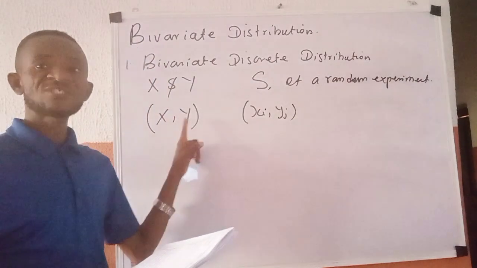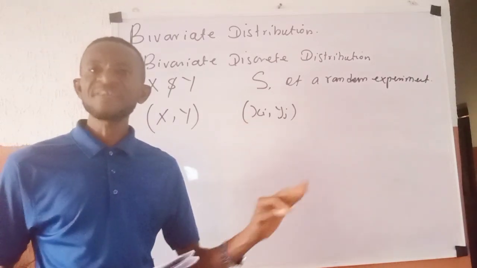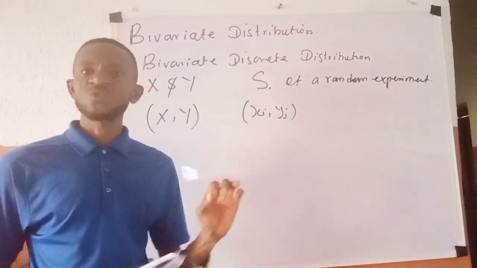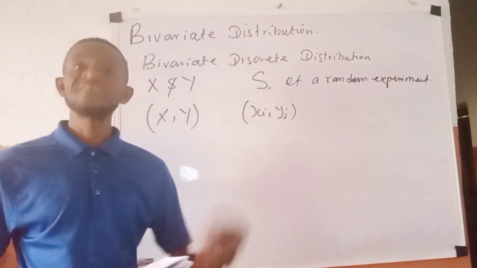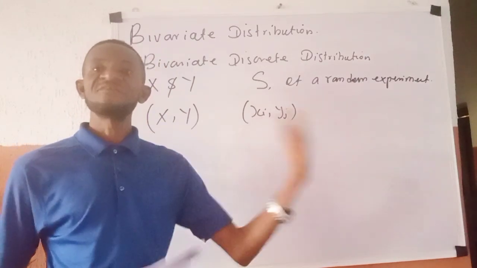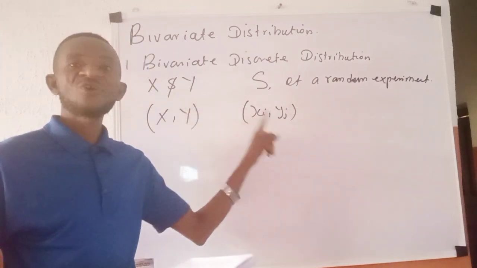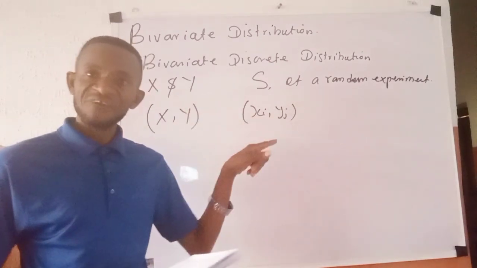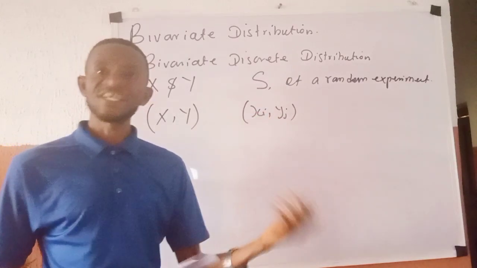This function (X, Y) is described as a bivariate, or what we call two-dimensional random variable, or simply bivariate random variable that takes observations (xi, yj). Therefore, the observation that it takes is equally bivariate in nature.